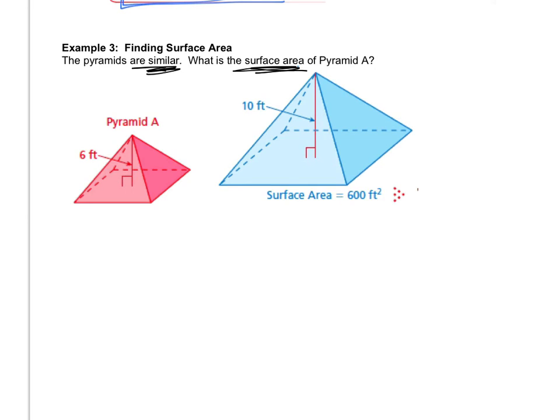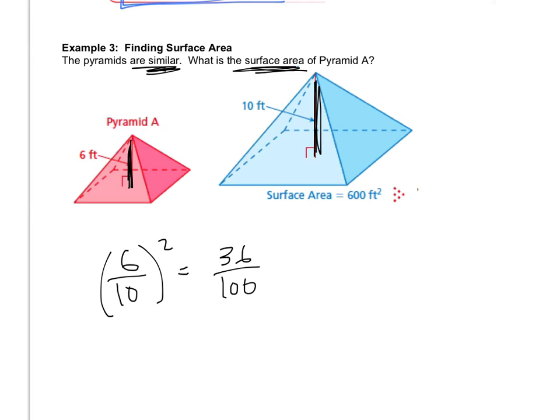You could, and it might help if you were stuck, but we can use the technique from our sample above that tells us that the ratio of their heights, which in this case will be 6 over 10, when you square that, you get the relationship of their surface areas. So 6 over 10 squared is 36 over 100. This is the ratio of their surface areas. This is not their actual surface areas.